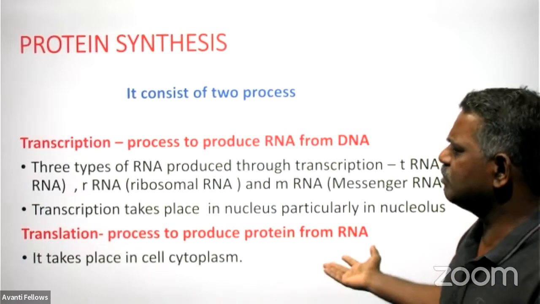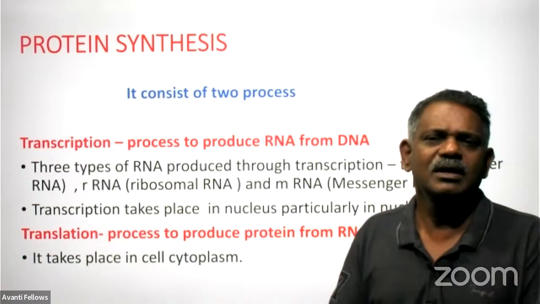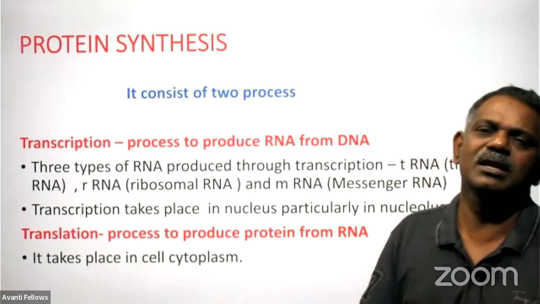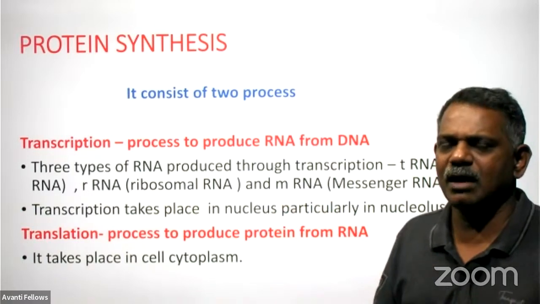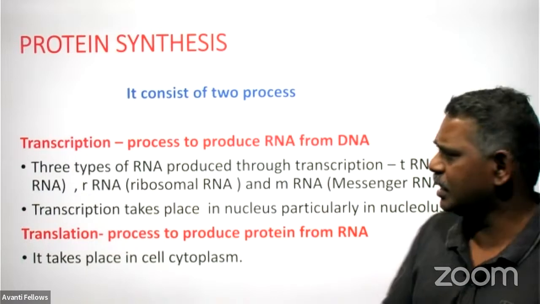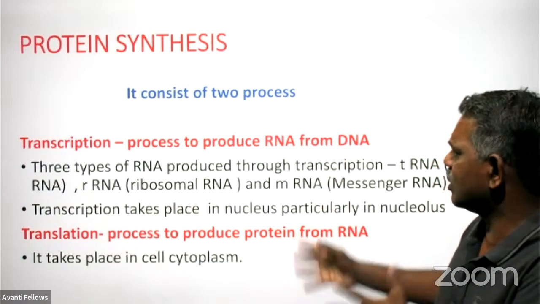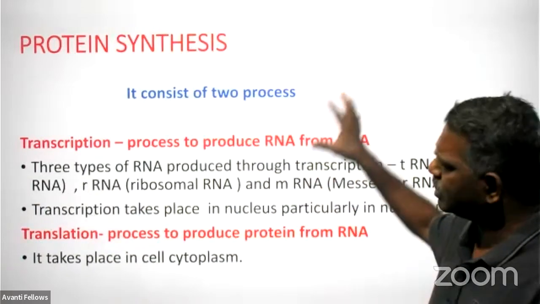And the second process, translation, naturally takes place in the cytoplasm only, because many machineries are required for the protein synthesis or translation, and it is available only in the cell cytoplasm. But the machineries and enzymes required for the transcription are present only in what? The nucleus.